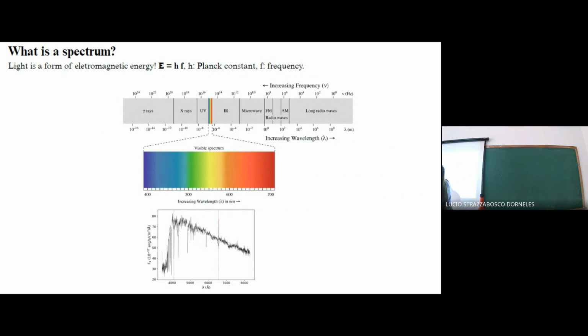Here we have infrared wavelength, ultraviolet, gamma rays, and radio waves. Here we increase the frequency, and here we increase the wavelength. In my work, we are working in the visible spectrum here.